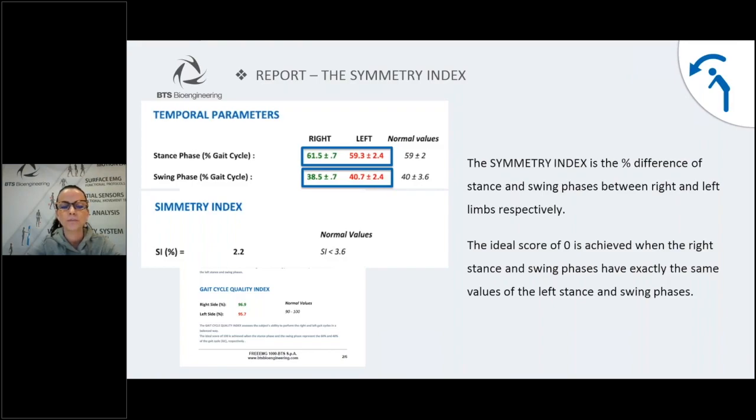A good symmetry between the two limbs is maintained as long as this difference is less than 3.6, which is the highest standard deviation value considered normal for the swing phase. Ideally, if the symmetry index was 0, the right and the left stance phases are identical, as well as the two right and left swing phases.